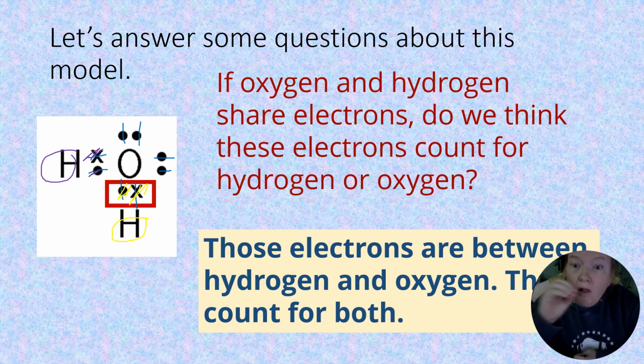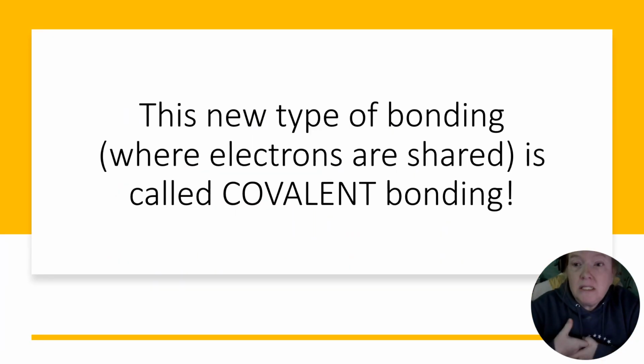So all of the atoms end up with a full valence shell by sharing instead of transferring. This new type of bonding where electrons are shared is called covalent bonding. So transferring was ionic, sharing is covalent. And in the next part of this lesson, we're going to investigate that more.